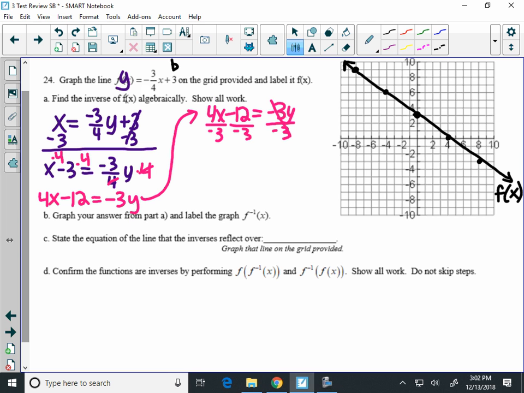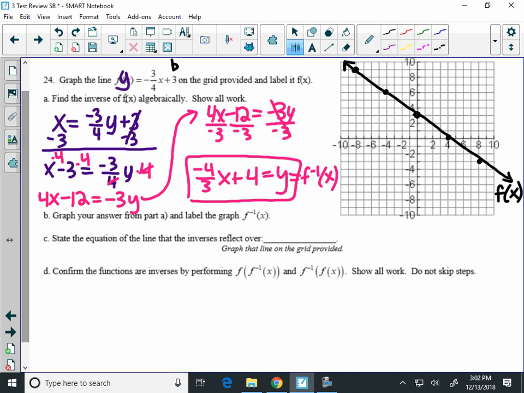When I do that, my slope here becomes negative 4 over 3 x plus 4 equals y. Remember, negative over negative is positive. That is the equation of your inverse. That is f inverse of x. So when we graph this time, our y-intercept is at 4, and the slope is down 4, right 3.